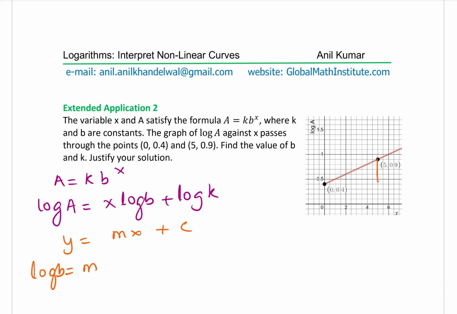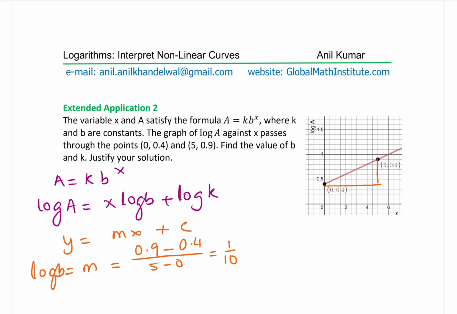Now let's find what m is. So m is this particular gradient, change in y value over change in x value. So this value is 0.9 take away 0.4 over 5 take away 0, which is 0.5 over 5, 1 over 10. So that is the value of m.